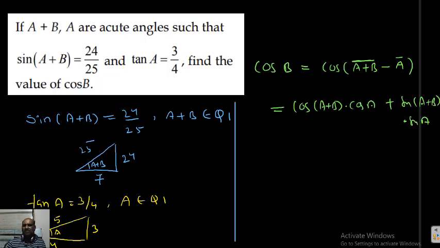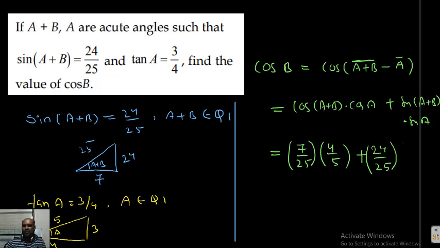Just substitutions only. Cos of a plus b means 7 by 25, into cos a, from this right triangle 4 by 5, plus sin of a plus b, that is given 24 by 25, into sin a, from this right triangle I can say 3 by 5.